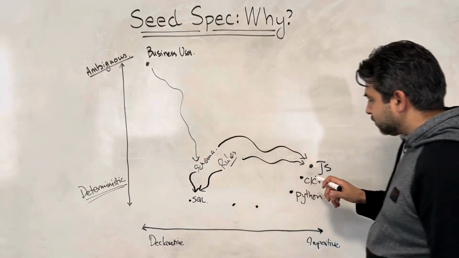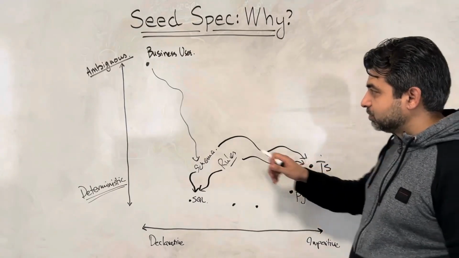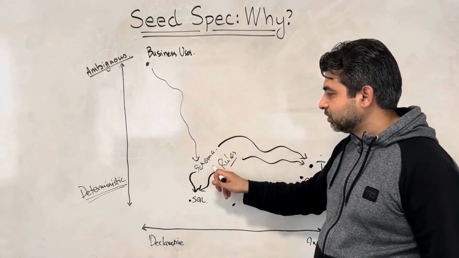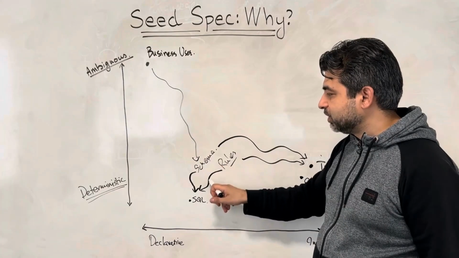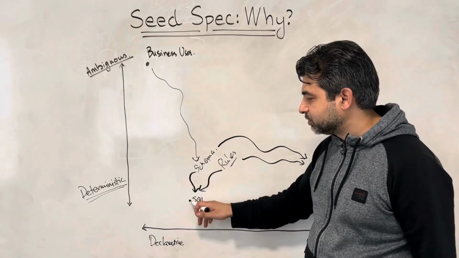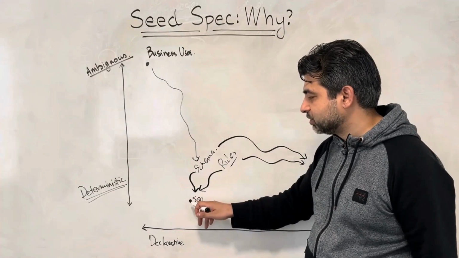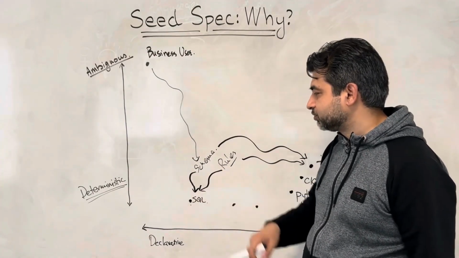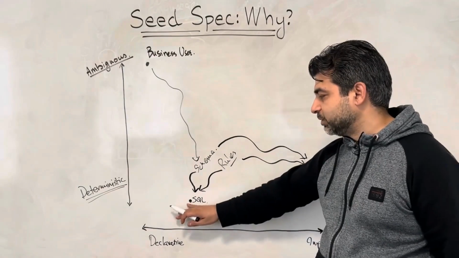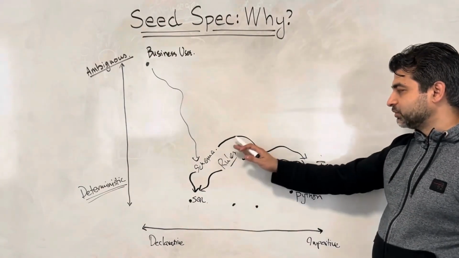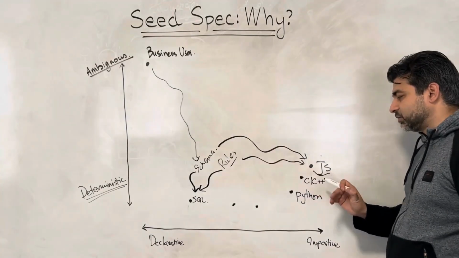But then what happens is, let's say you navigated to this point, it's not deterministic enough for it to translate very well here, but let's say even if it does, it translates very well to your database backend. And then you have another workflow that generates your JavaScript.